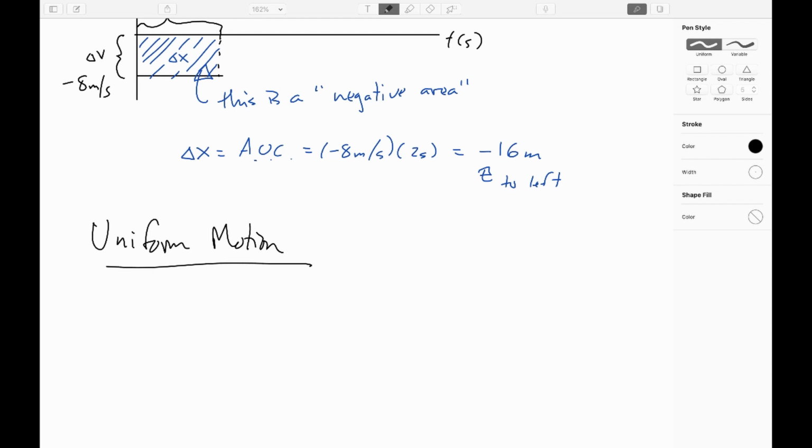So we can say that motion is uniform, straight line if we have successive displacements that are the same for equal time intervals.